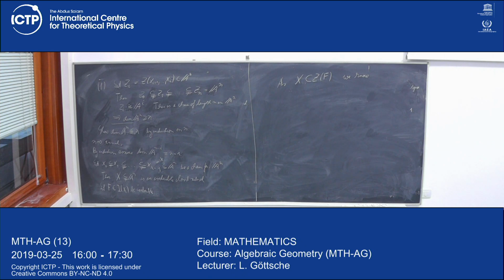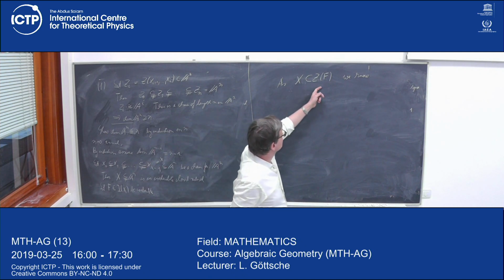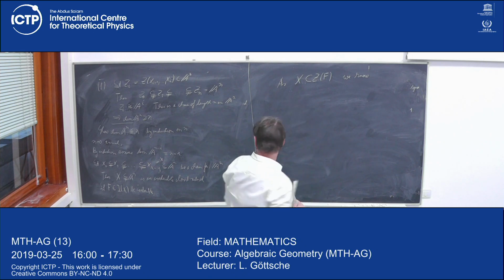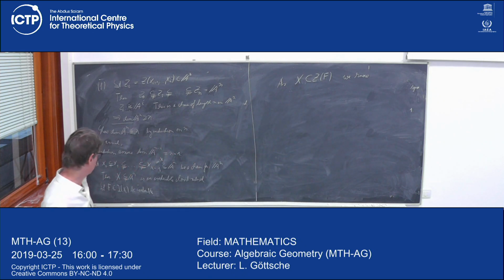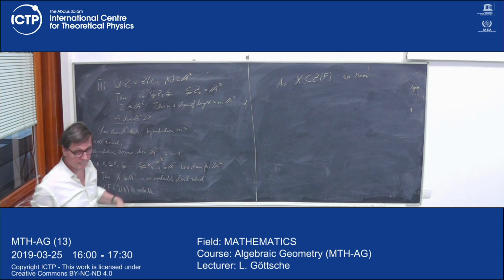I wanted to do it a different way because it's actually quite simple also directly. We use what we have deduced from the Noether normalization theorem, but we don't need to use the Noether normalization theorem again. So we have this contained in it. So therefore the dimension of Z(f) is bigger or equal to that of X, and the dimension of X is at least k minus 1.